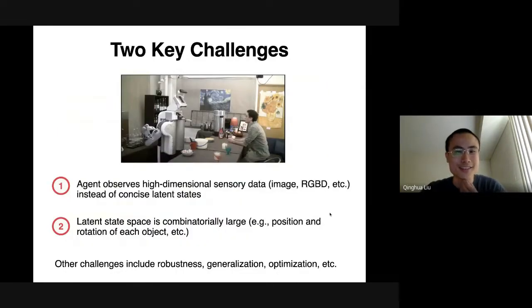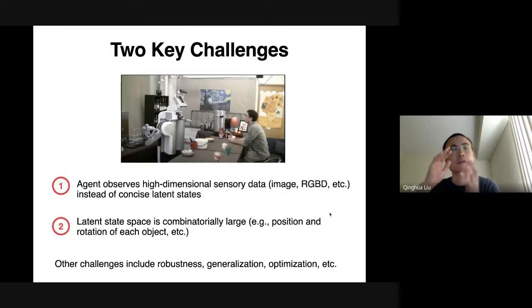So in this case, there are two key challenges. The first challenge is the observation of the robot is high-dimensional sensory data. For example, it can be raw images directly output by some cameras or sensors. And the second challenge is the underlying hidden state can be exponentially complicated, because the latent state in this problem should encode the position of different objects.